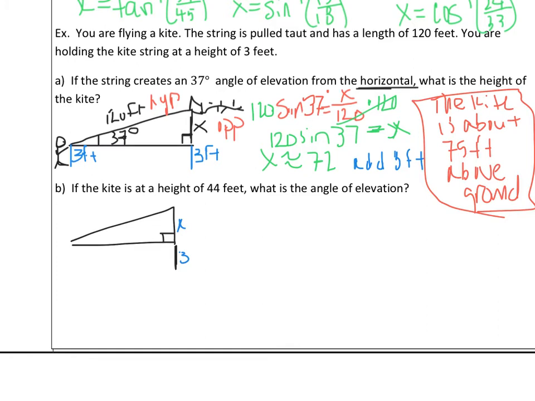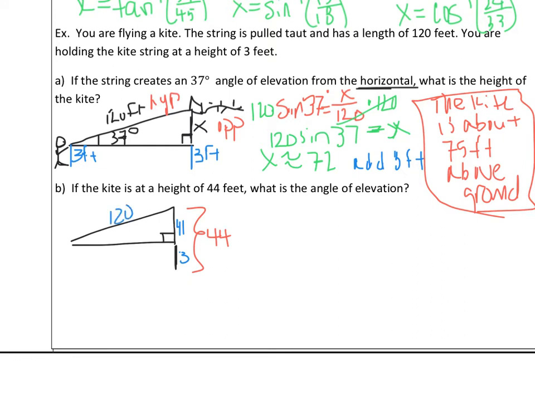Oh wait, maybe we do this time. This whole height is 44 feet above ground. Because you're holding the kite 3 feet above, I can subtract 44 minus 3 and know that that length is 41 this time.